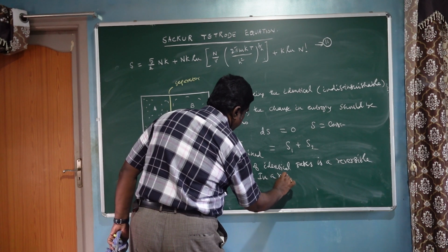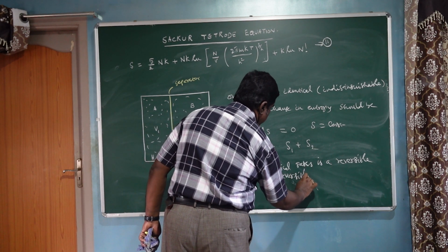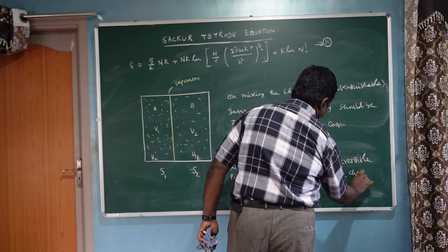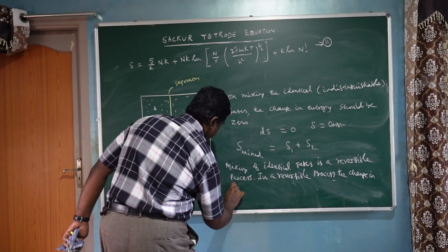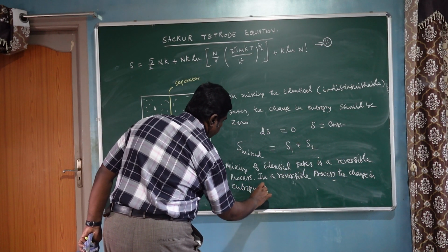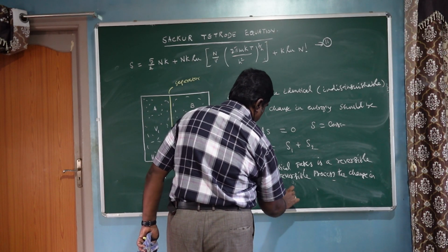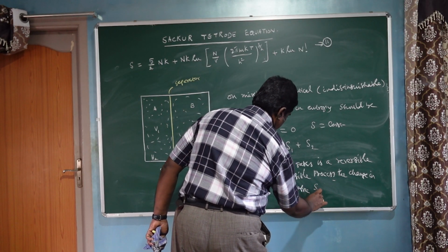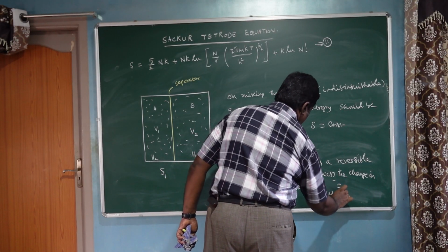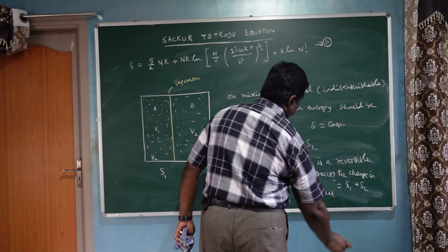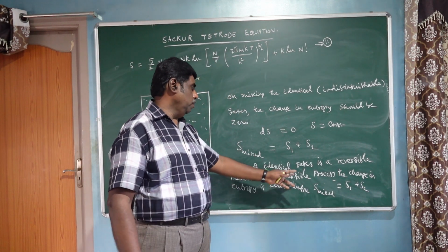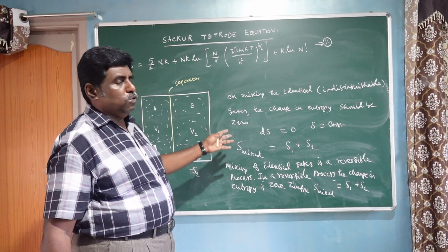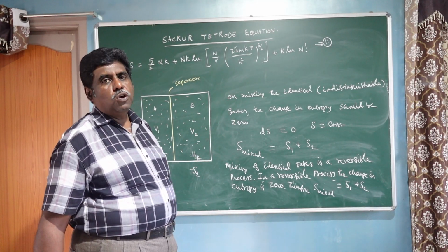In a reversible process, the change in entropy is 0. Therefore, S mixed equal to S1 plus S2. That means entropy before mixing. Change in entropy equal to 0 means entropy is a constant. This is the conclusion we have arrived at with the help of our quantum statistics.